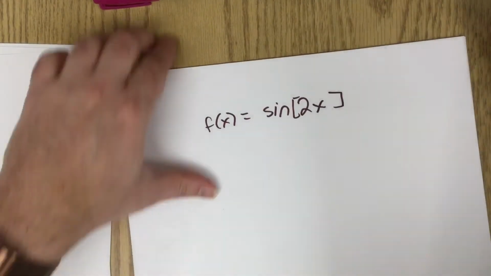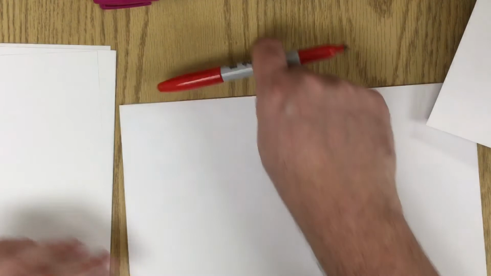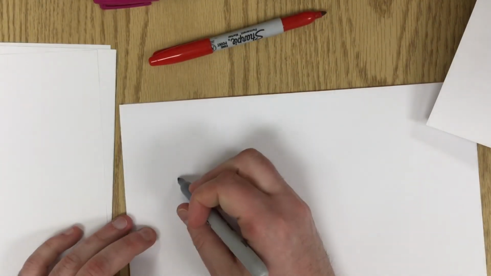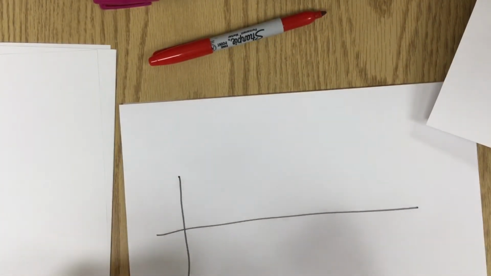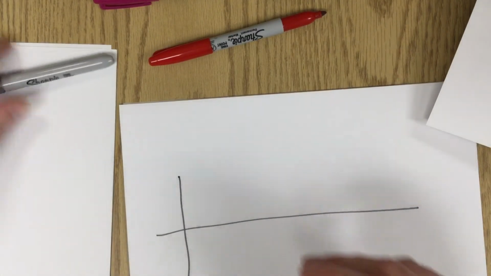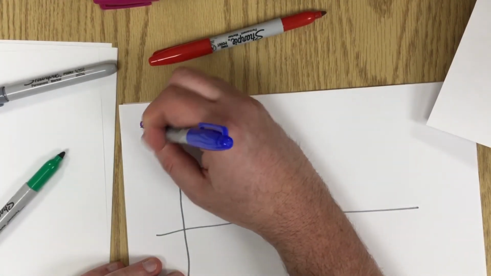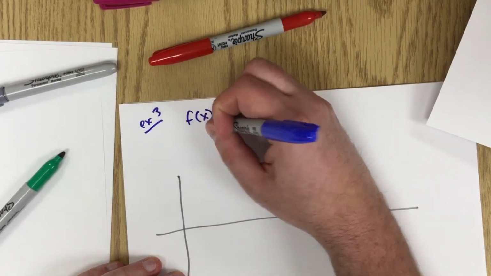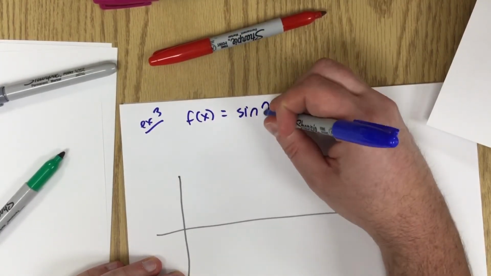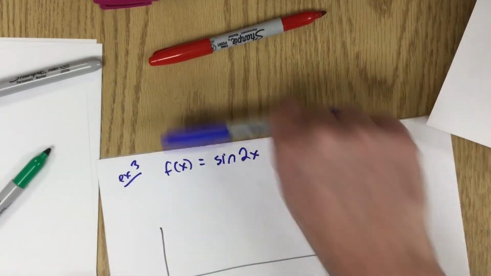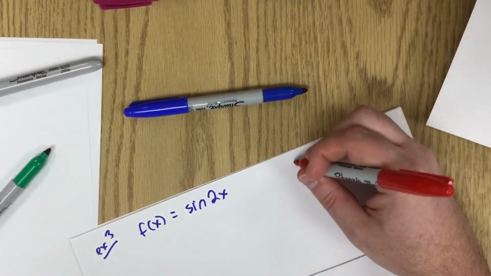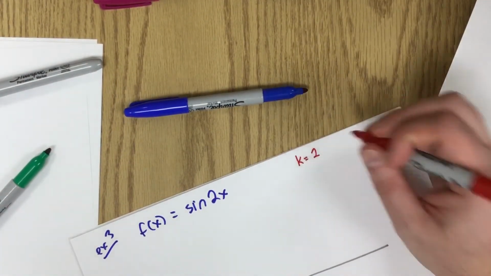Let's actually graph that. This is example 3: f of x equals sine of 2x. So k equals 2.